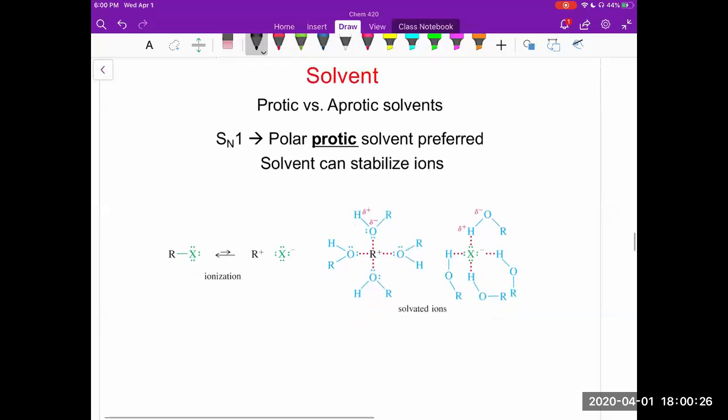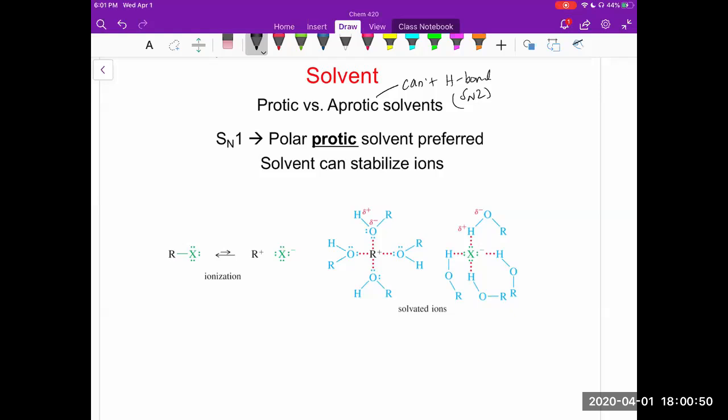Our last deal now brings us to the solvent. We talked about protic versus aprotic. Aprotic solvents can't hydrogen bond. They're good for SN2 because they won't hydrogen bond to your nucleophile. We don't want anything surrounding our species and slowing them down.